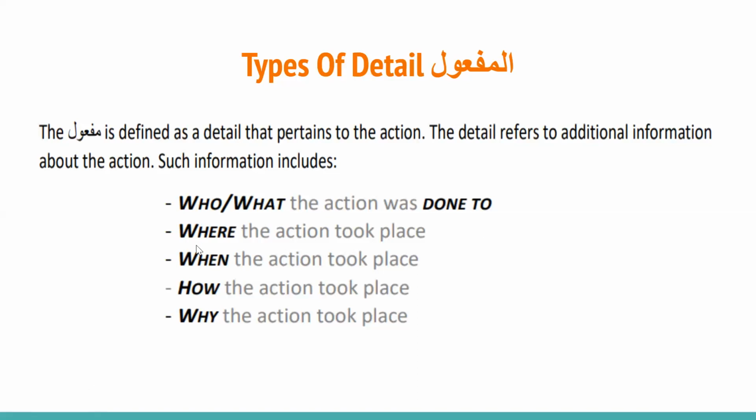Then another word in the sentence will tell you where the action took place or when the action took place. These types of words that tell you where or when the action took place have another specific name. Then how the action took place and why the action took place are also there in words in a Jumla Faylia. So here we can see different types of details.